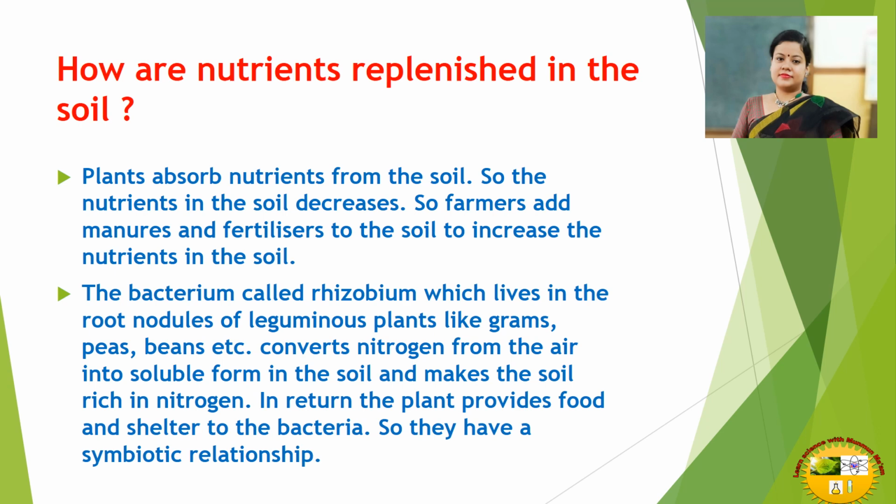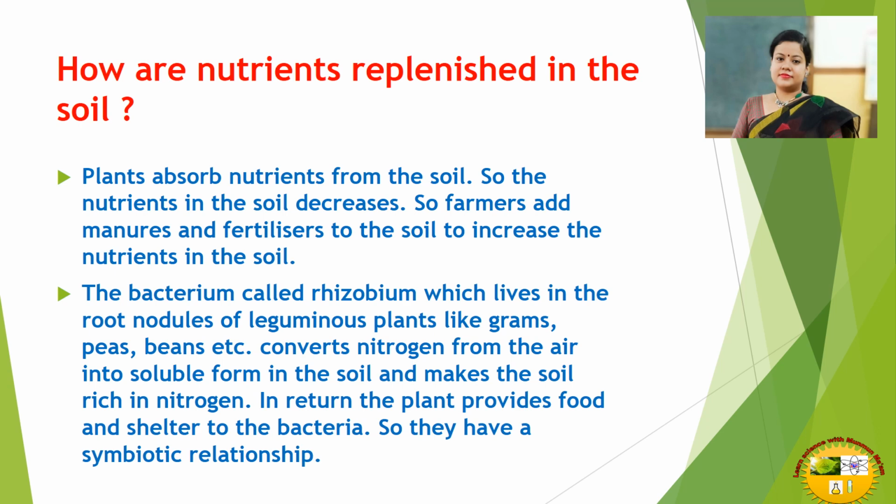Another way to increase nutrient content of the soil naturally is by the bacterium called rhizobium, which lives in the root nodules of leguminous plants like grams, peas, beans, etc. They convert the nitrogen from the air into soluble form in the soil and make the soil rich in nitrogen.